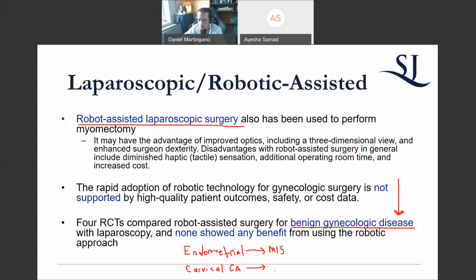Disease-free survival and the death rate are worse with minimally invasive surgery versus laparotomy. So laparotomy is the way to go for the hysterectomy. I know we're talking about myomectomy, but for hysterectomy in cervical cancer, you do laparotomy, right?